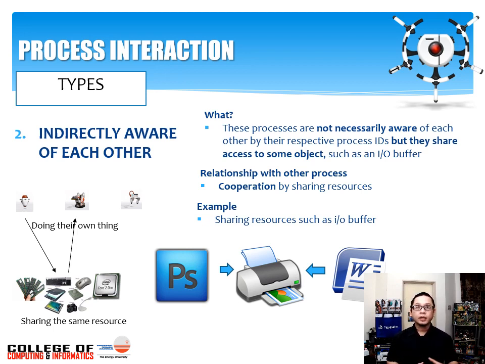So they are cooperating because they need to give way for one process to finish printing, and only then can they use the printer for their own use. So this is the second interaction, where you have processes that are indirectly aware of each other's existence.